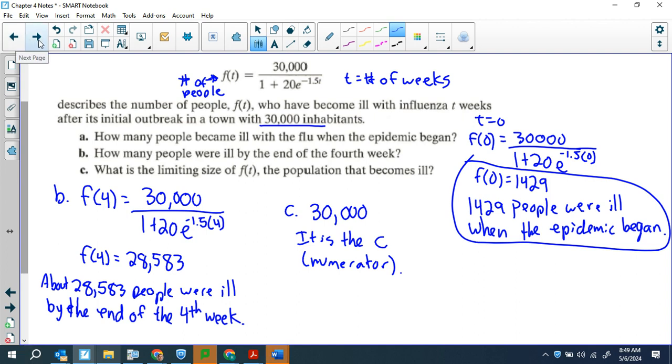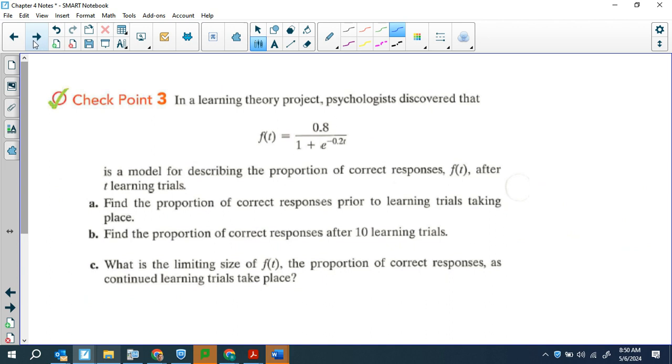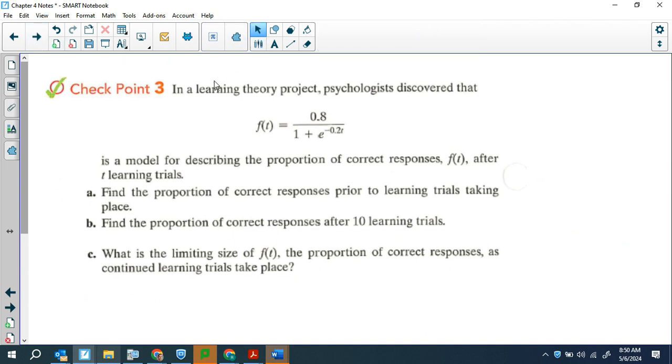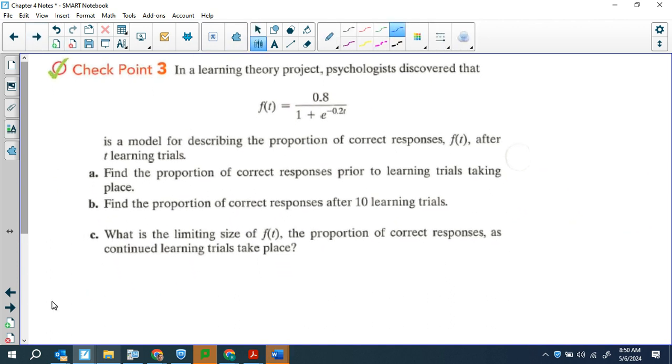All right. One more example, and you'll have to work. So in a learning theory project, psychologists discovered that the equation f of t equals 0.8 divided by 1 plus e to the negative 0.2 t. So we're going to write this equation down.